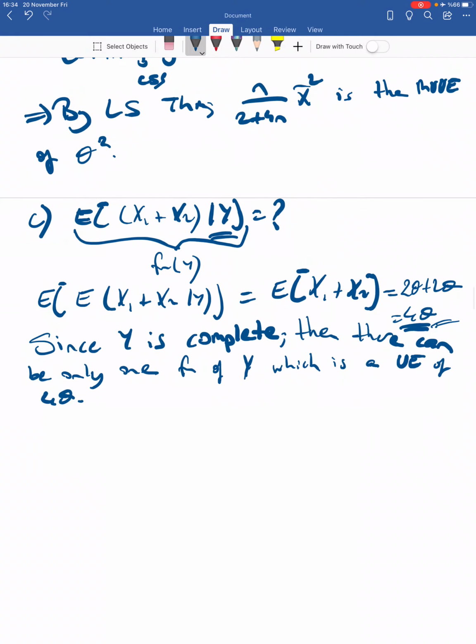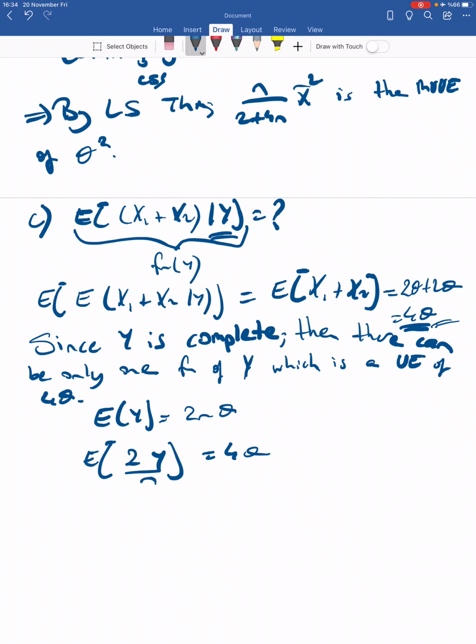Okay, so what is y? Y is summation xi. So we have to consider some function of summation xi whose expectation is 4 theta. Okay, so what is expected y? Consider that it is 2n theta. So we want the expectation to be 4 theta. Okay, so to be able to get 4 theta as a function of y, we have to multiply y by 2 and divide by n, right?